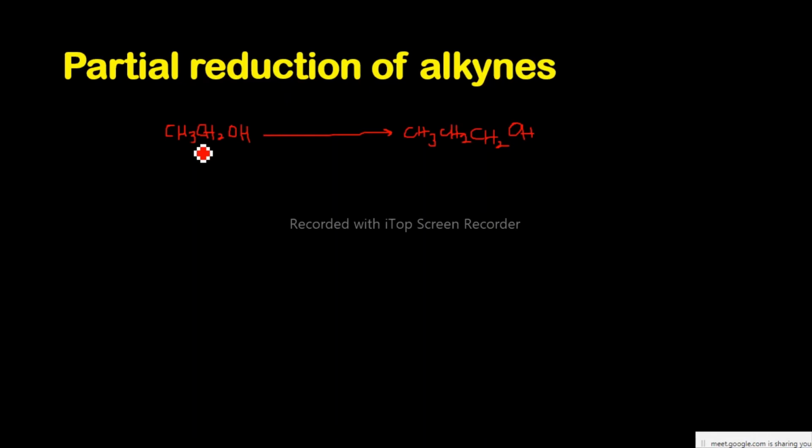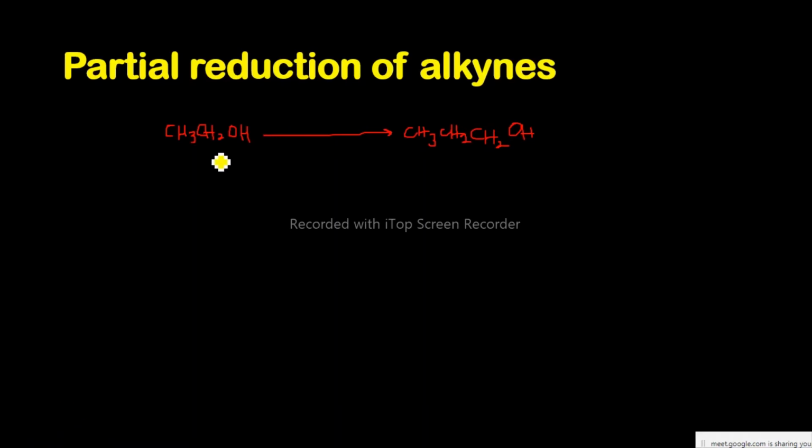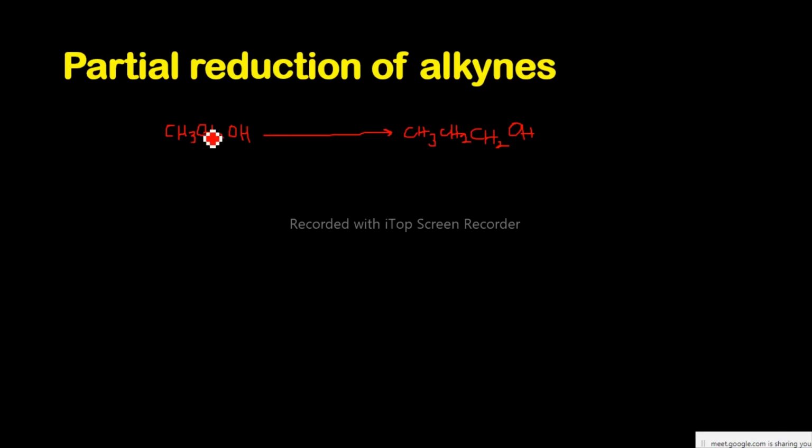So anyway, it's time now. Let me do it. Let me first use a red pen. So we are going to convert this ethanol to ethene, CH2=CH2. You should be thinking about the conditions and the reagents.